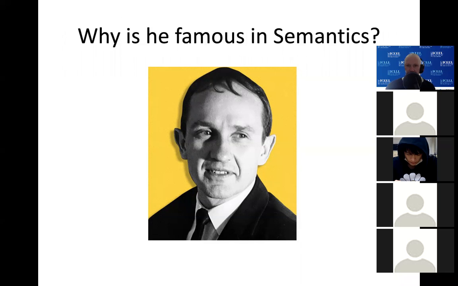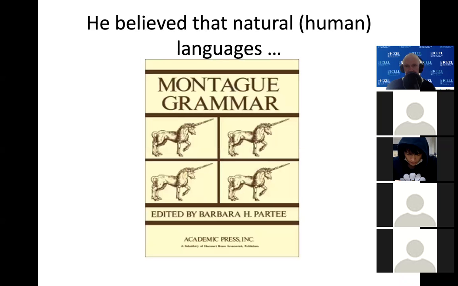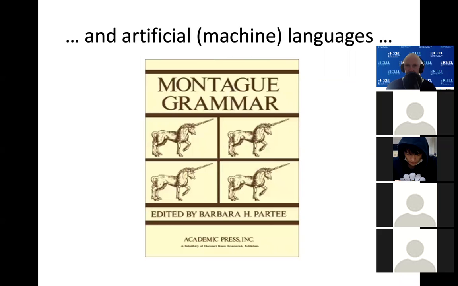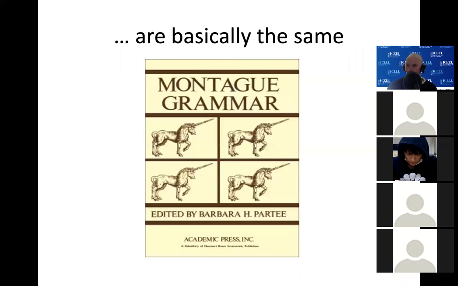And he's famous in semantics because he believed that natural human languages and artificial machine languages are basically the same. Is it true? Machine languages, 1 0, 1 0, 1 0.